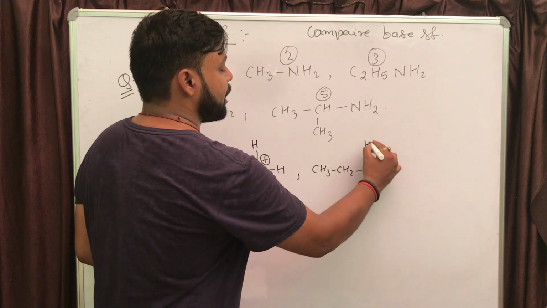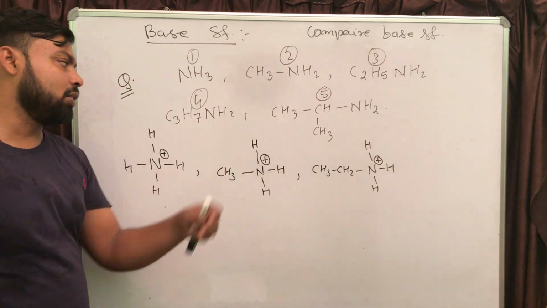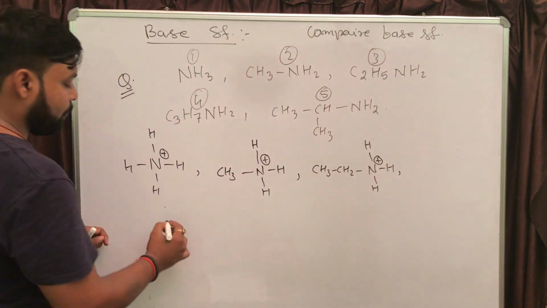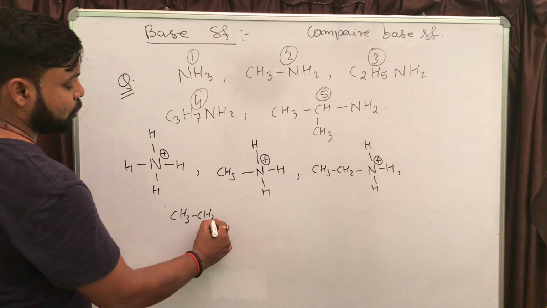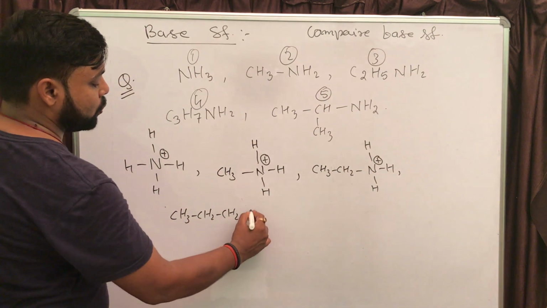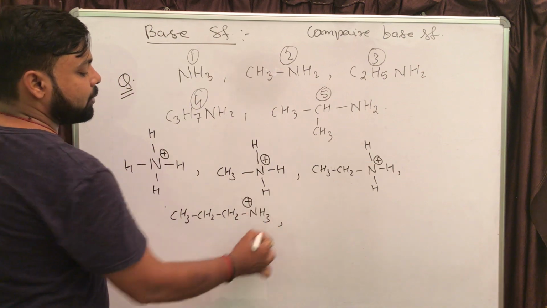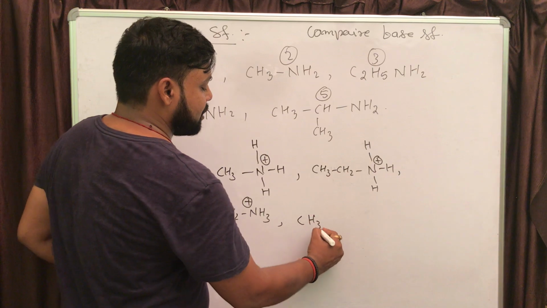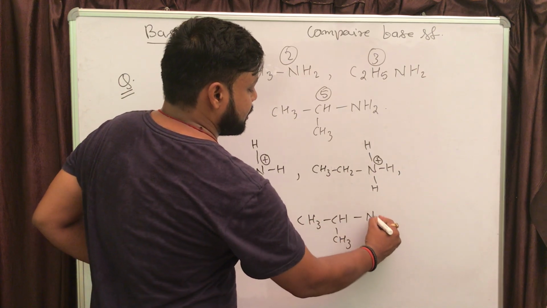Add one more hydrogen and place a positive charge on nitrogen. This is the conjugate acid of the third one. Now the next one is propylamine, right? Propylamine is CH3, CH2, CH2, NH3 plus, right? And the next one is isopropylamine. Isopropylamine is CH3, CH3 and NH3 plus.